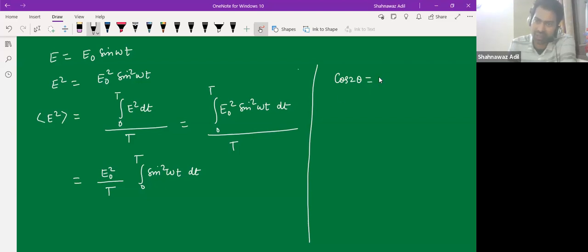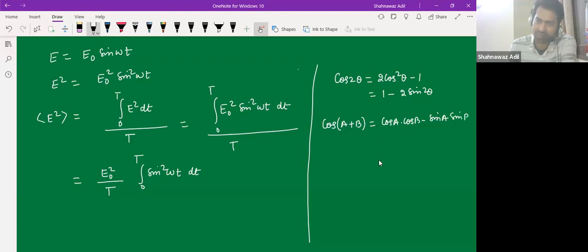This is 2 cos square theta minus 1, or this is 1 minus 2 sine square theta, right? Because we know that what is cos A plus B, this is cos A into cos B minus sine A into sine B, right?